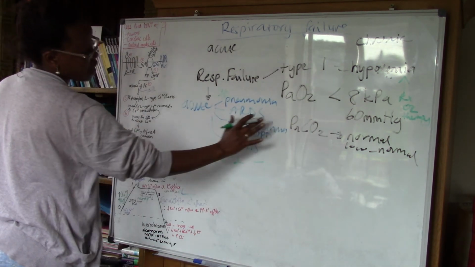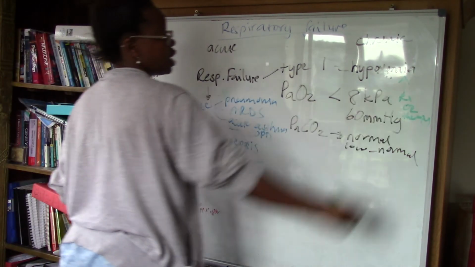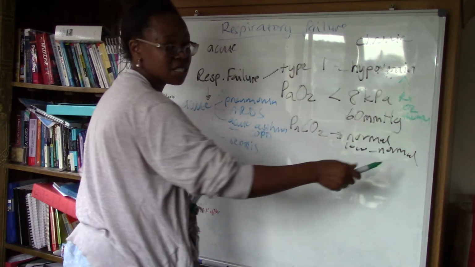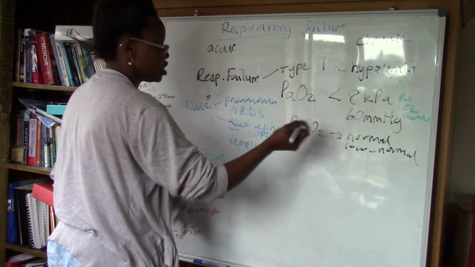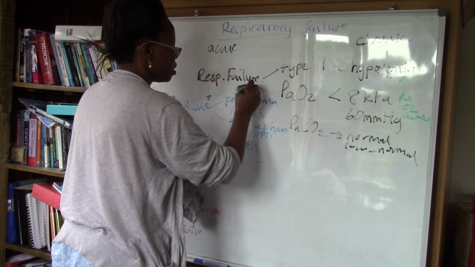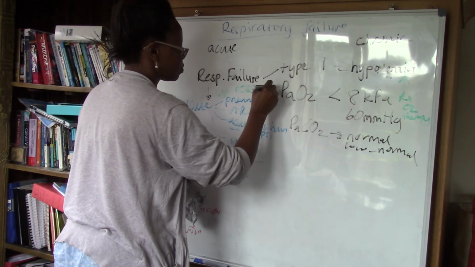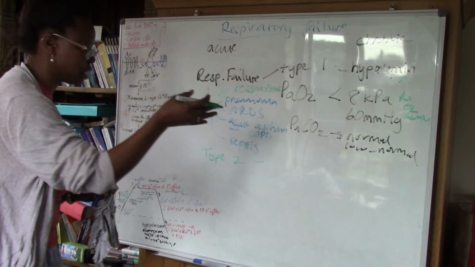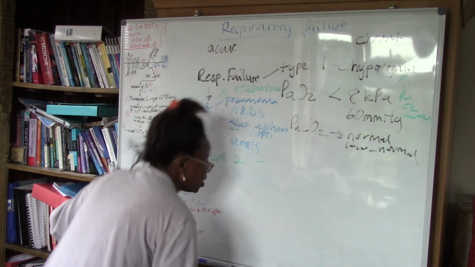So treat the underlying pathology, correct the lack of oxygen, and it usually resolves. And obviously resuscitation, I should just say resuscitation with fluids and painkillers, just the resuscitation really.